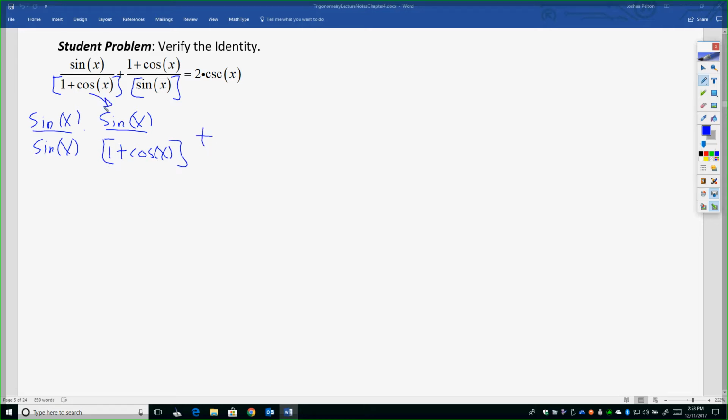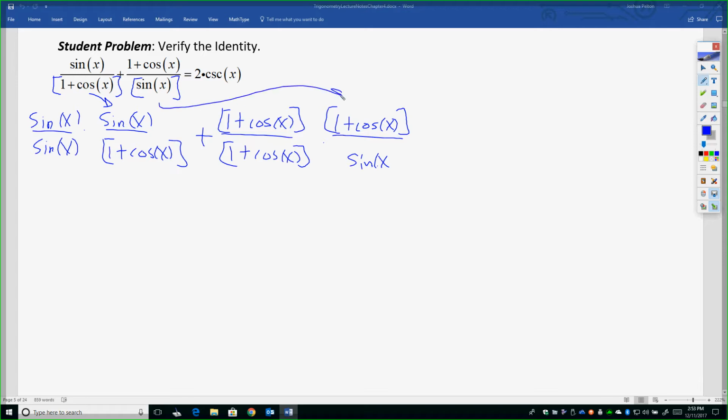And the second one's missing a 1 plus cosine. Okay, and the second fraction went there.